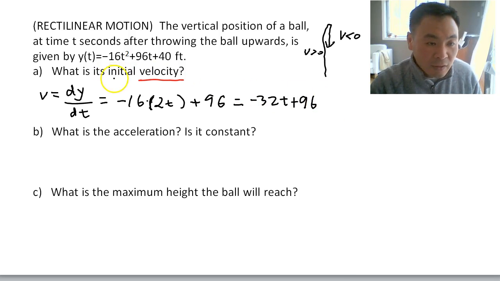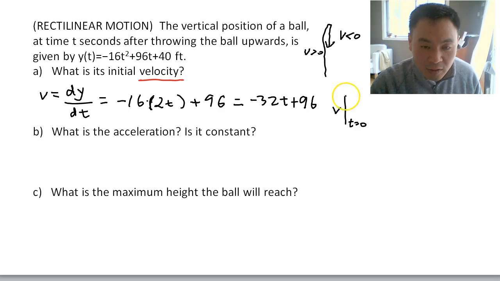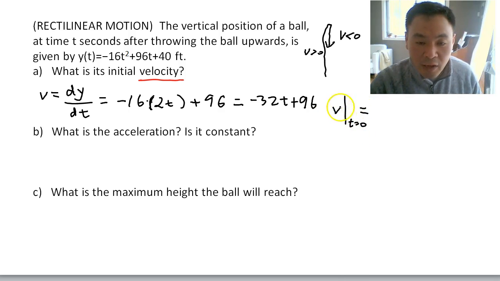But here it's asking for the initial velocity. That's the velocity at time t equals 0. This bar here can be read as "at" or "when": velocity when time t is equal to 0. It simply means that after calculating this quantity, you plug in whatever is under here.